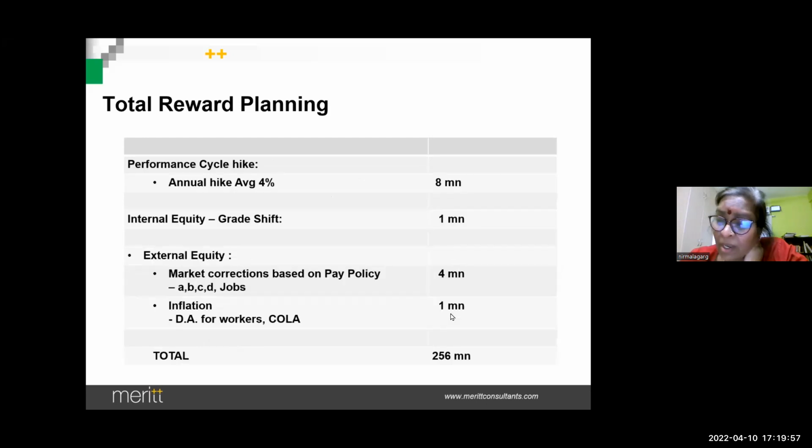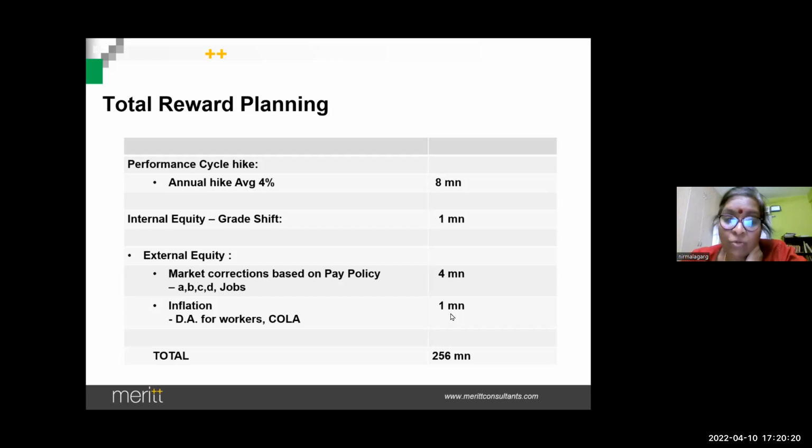Then I have to give annual increments. On average, maybe I can look at 4%. If I take the wage cost, that will translate into 8 million. Then I see that my internal equity is not in place, that employees are not being paid fairly.